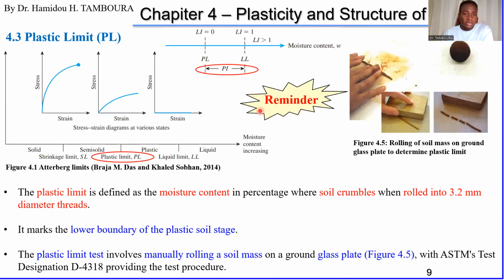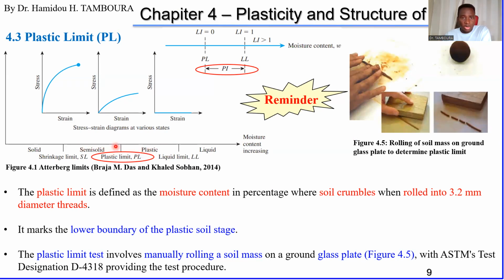Another thing we talked about is plastic limit, and here is how we obtain it. Plastic limit is the amount of water at the border between the plastic state and the semi-solid state of soil.